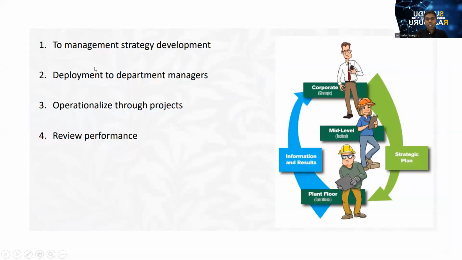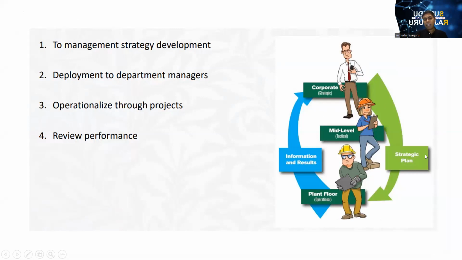Now, you can see here, when we do Hoshin Kanri, it will support management strategy deployment to the department managers, operationalized through projects, and we are going to review the projects. So at the corporate level, sometimes they define the policies and objectives.